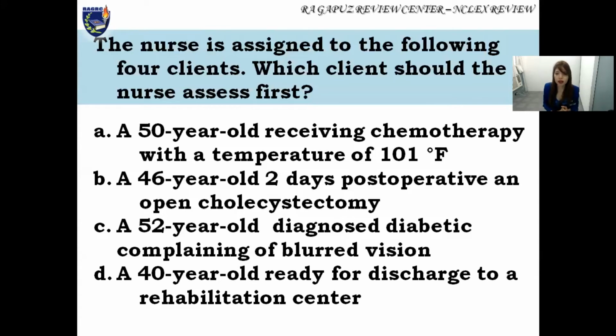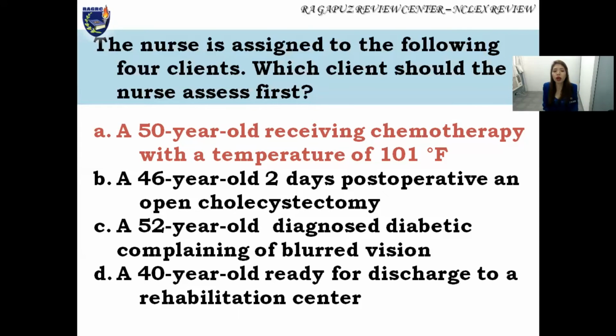You are right. So your answer is letter A. A 50-year-old receiving chemotherapy with a temperature of 101 degrees Fahrenheit. Why? The client is undergoing an ongoing procedure and the client is manifesting an acute complication.